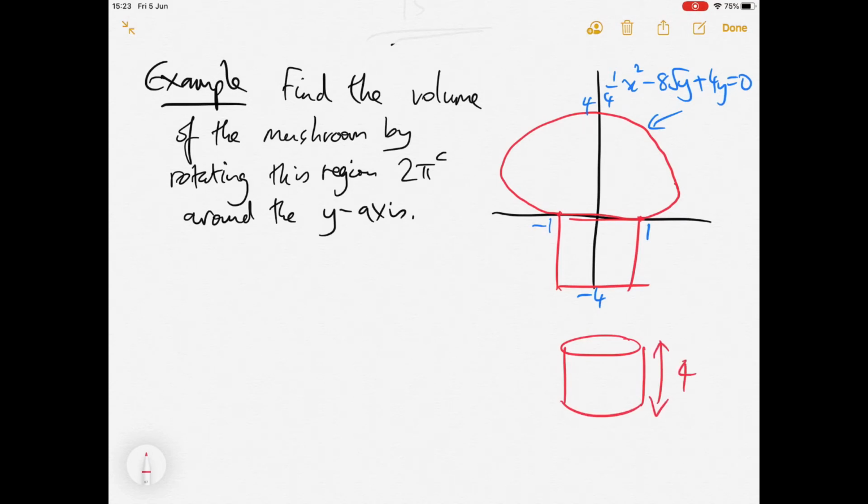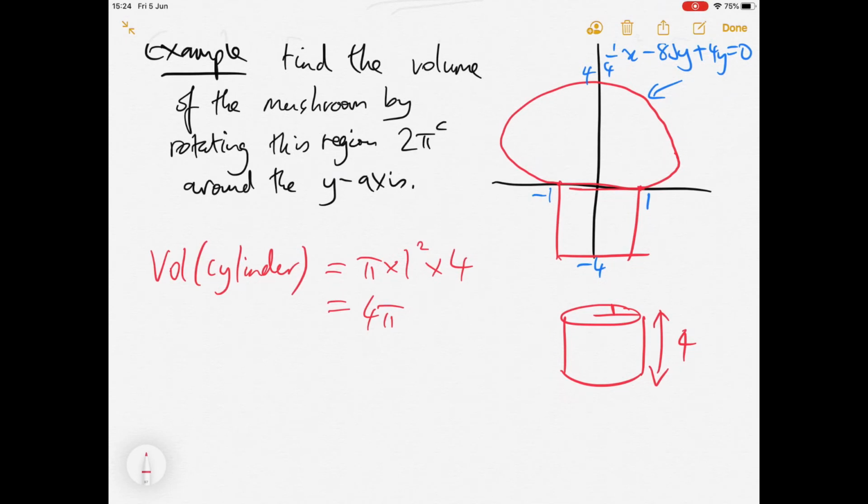And the height of that cylinder is 4, and the radius is 1. And so the volume of the cylinder is going to be pi times the radius squared times the height, which is 4 pi. So there's no need to really do anything there in terms of integrating. I mean, you can if you want, but it's just not necessary.